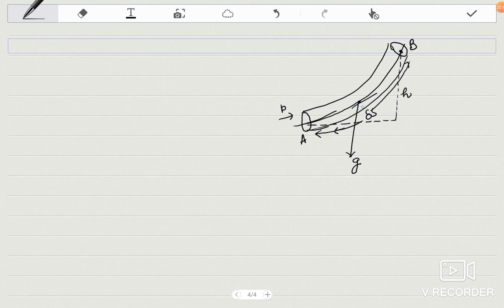Approximately, if I take this angle to be alpha, then this is the same as this angle. This is alpha and this is also alpha.